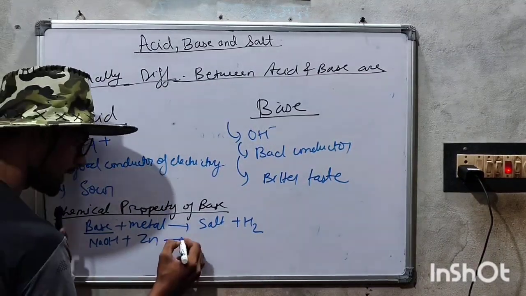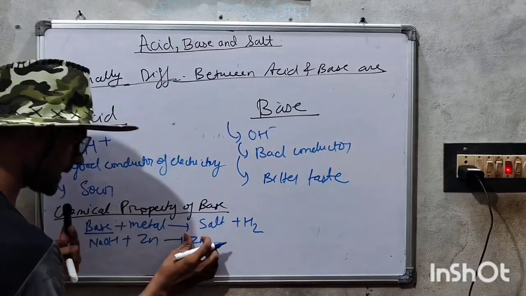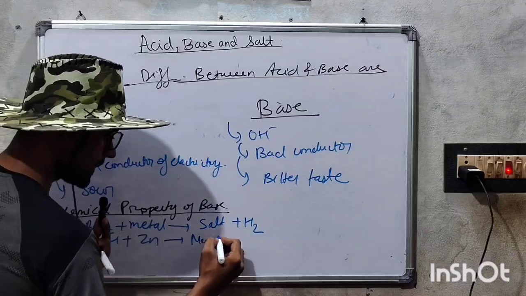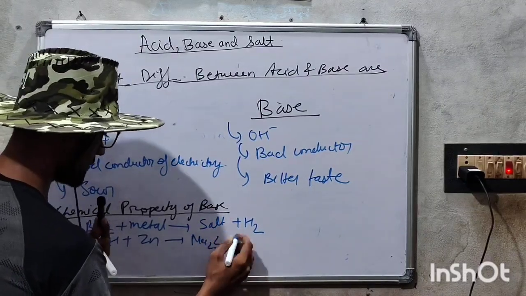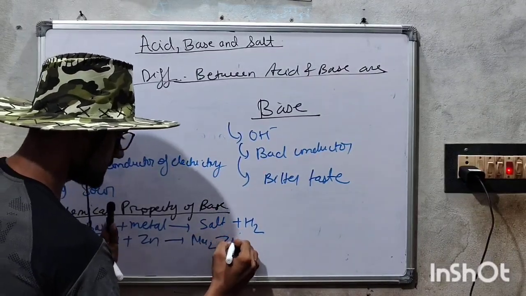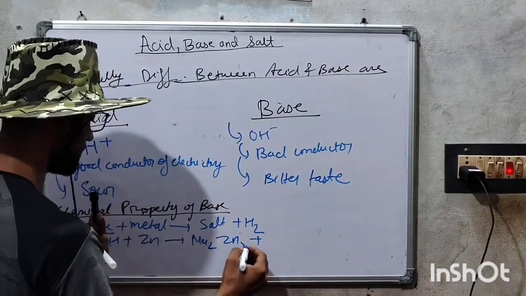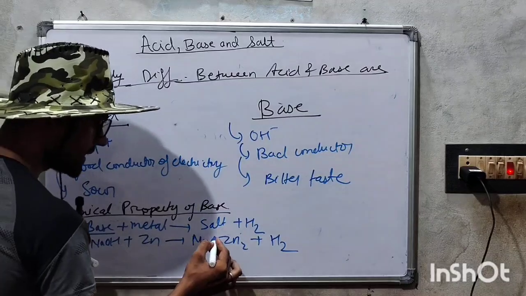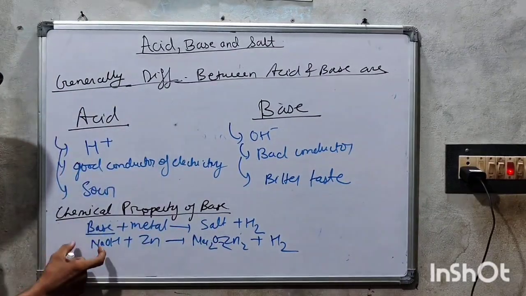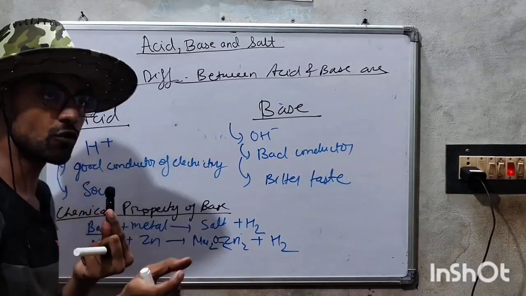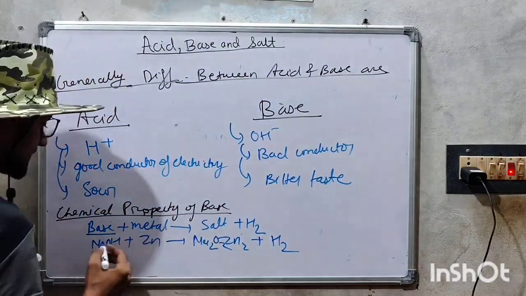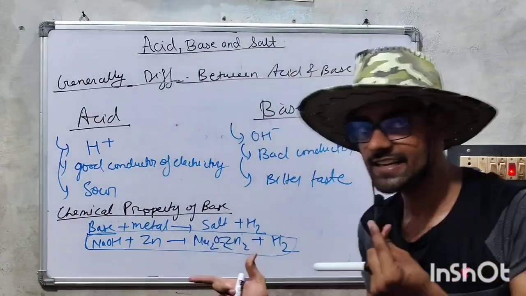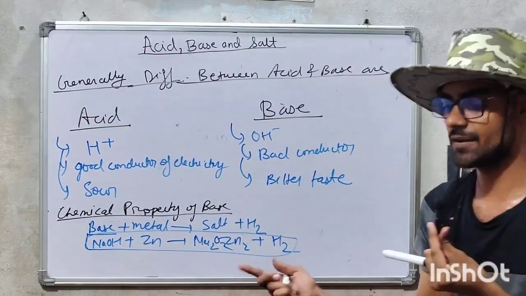So it will give Na2ZnO2 plus hydrogen. This is base plus metal, giving salt plus hydrogen, and this reaction is also known as the zincate reaction.